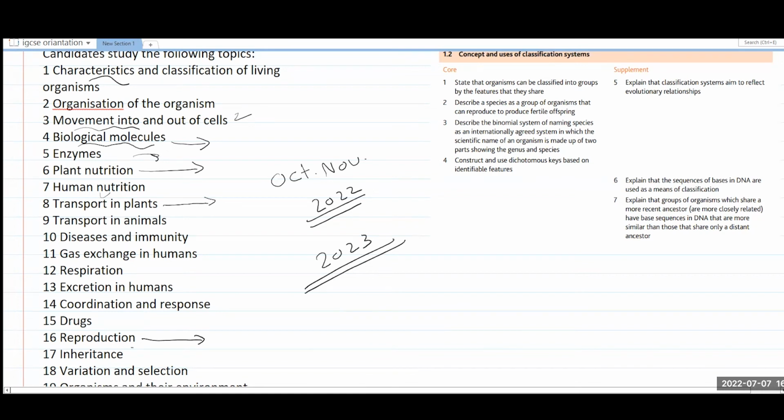Some parts are removed, like the importance of minerals and misuse of drugs. Some parts have a little more detail, but no major changes like chemistry. Chemistry has more changes in 2023 than biology. This is the overview of the syllabus.